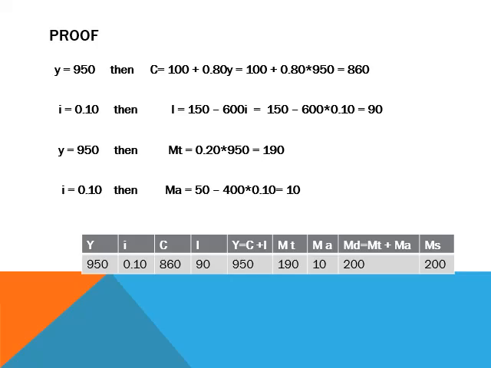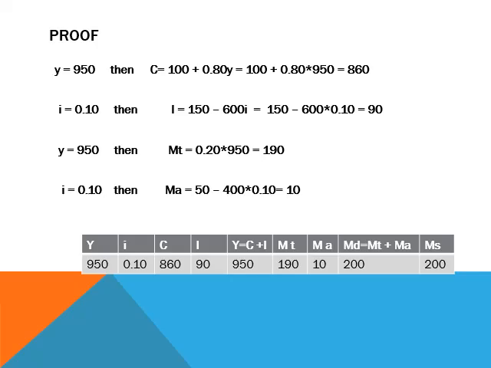So based on the givens, the interest rate of 0.10 should make the equilibrium only with the level of income equal to 950, conditionally according to the previous givens and nothing else.